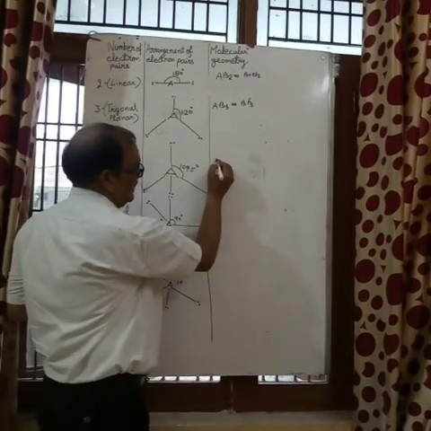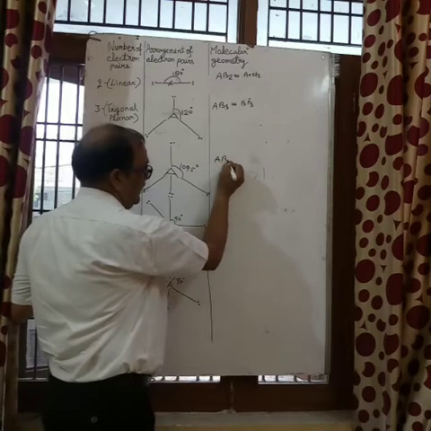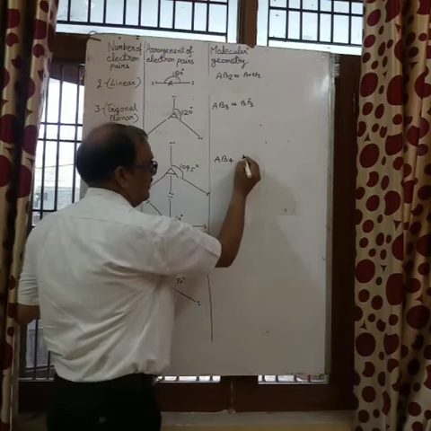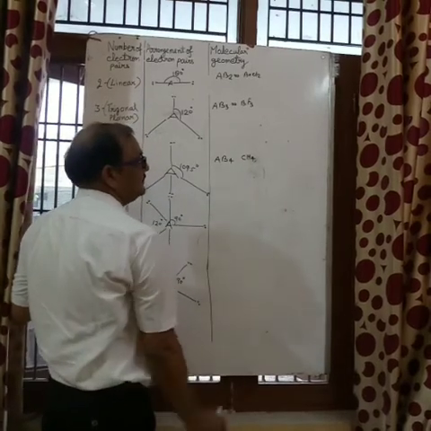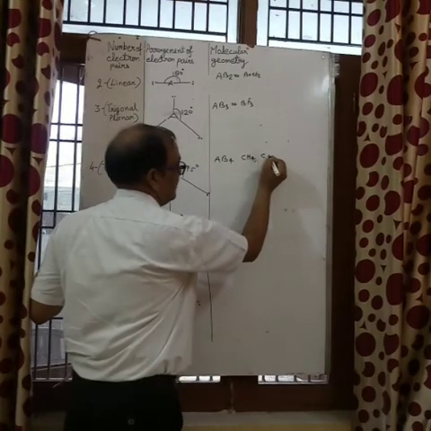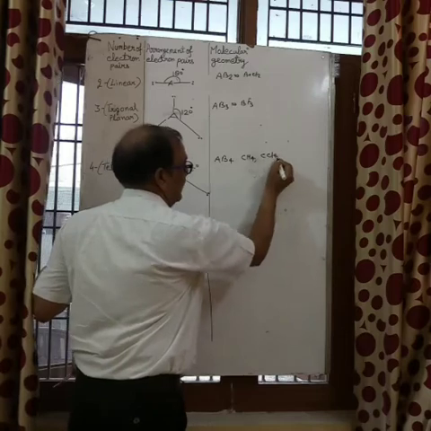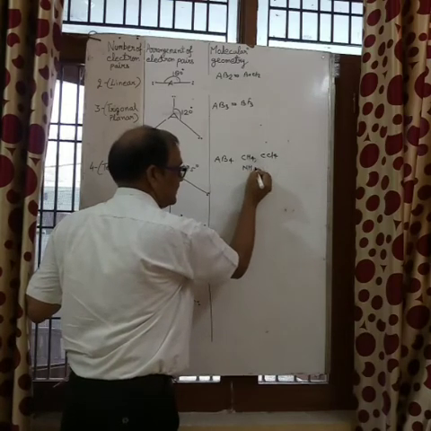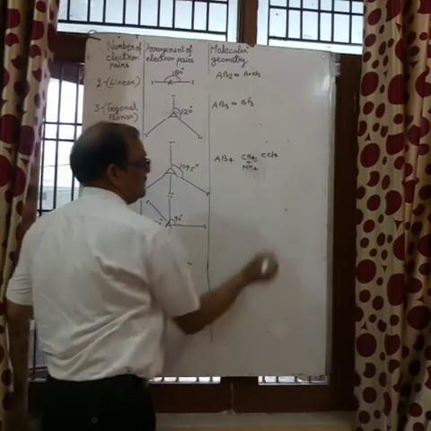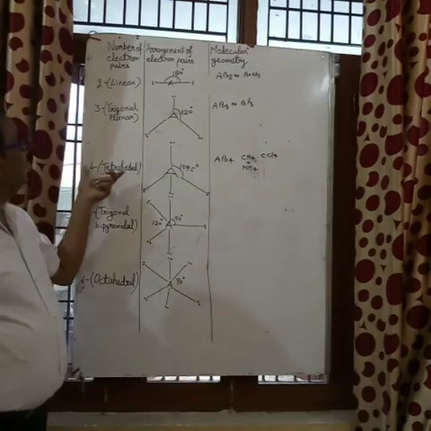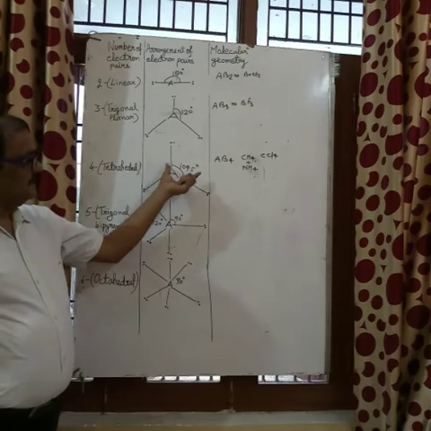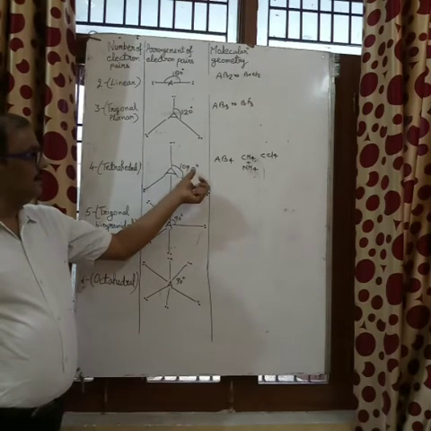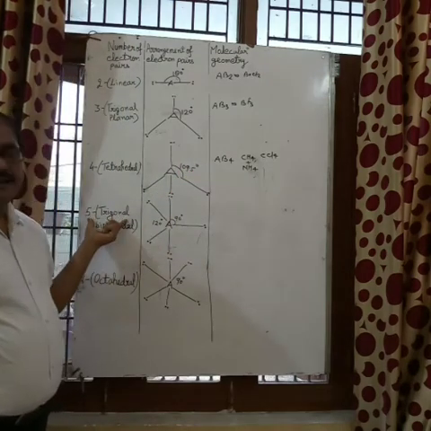The possible examples are AB4 type, for example CH4, CCl4, NH4 plus. These are the examples which contain 4 electron pairs, and the possible geometry is tetrahedral with bond angle 109.5 degrees.